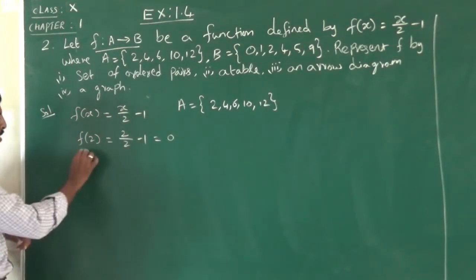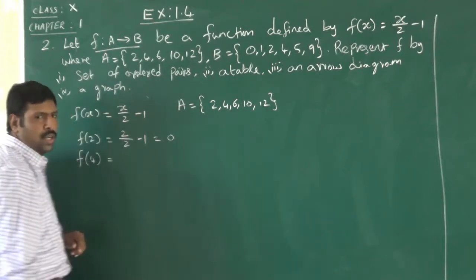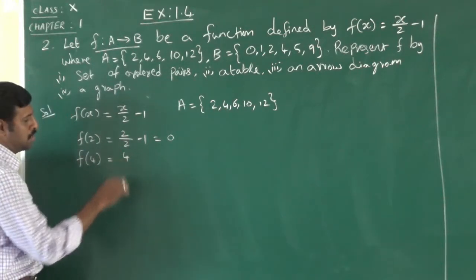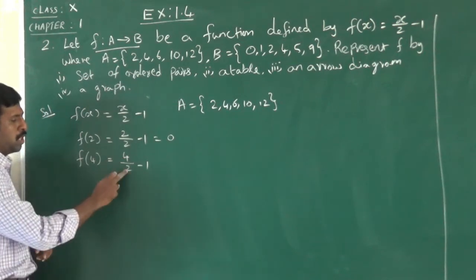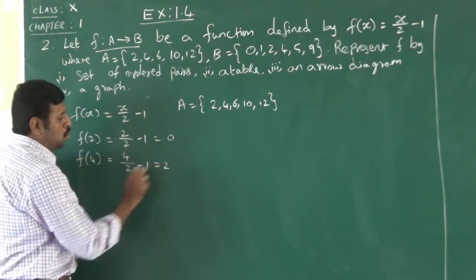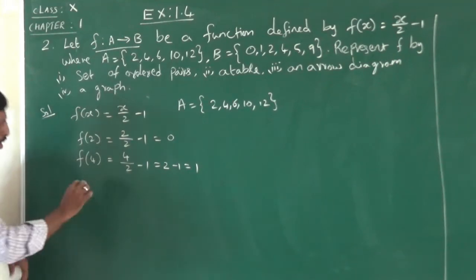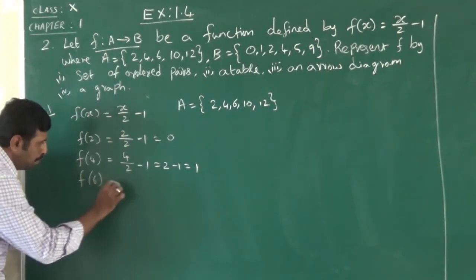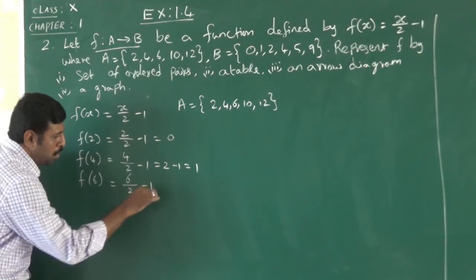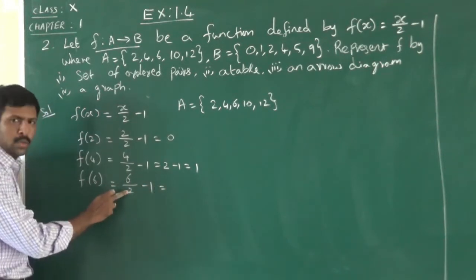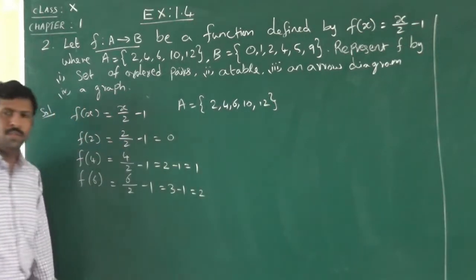Then f of 4: in the place of x I apply 4, 4 divided by 2 minus 1. 4 divided by 2 is 2, 2 minus 1 is 1. Next, f of 6: 6 divided by 2 minus 1, 6 divided by 2 is 3, 3 minus 1 is 2.